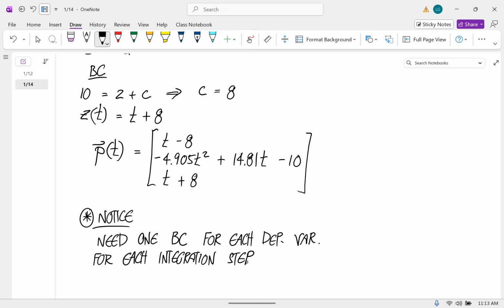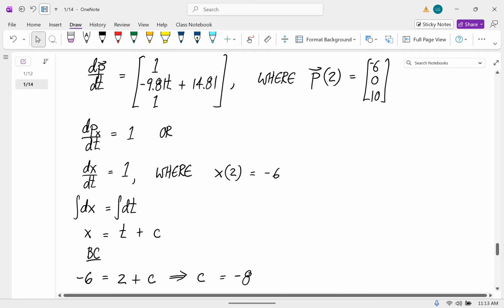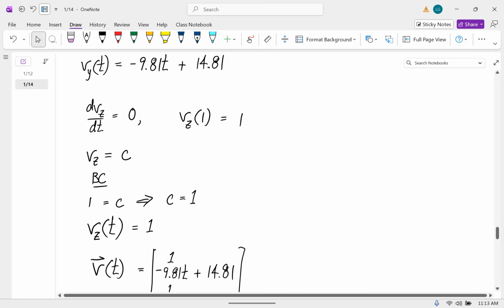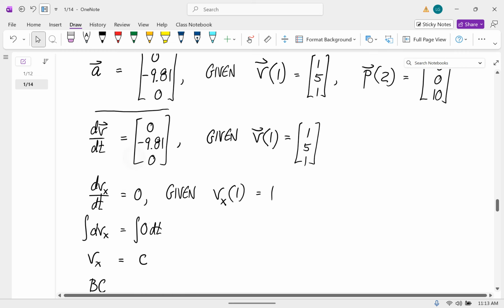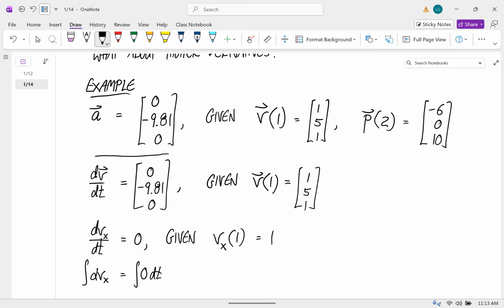Because in fact, I could have given you this problem, and there's an assignment problem that I'll give you where you have to do this. Instead of saying the velocity at some time is this and the position is this, I could have said the position at one instant is this and the position at another instant is this, and you could solve it still.